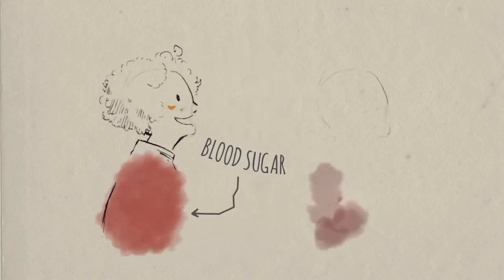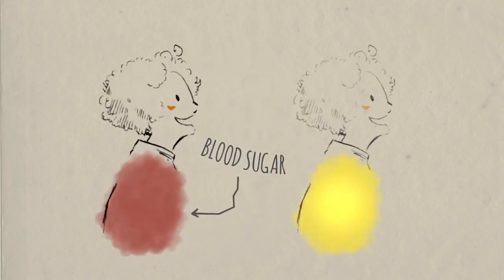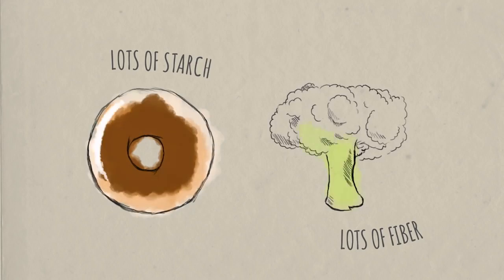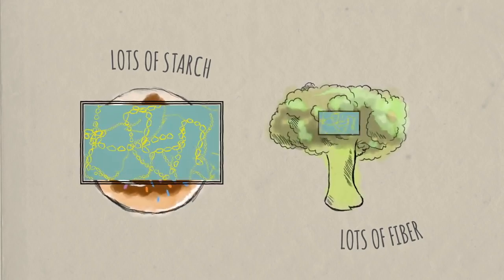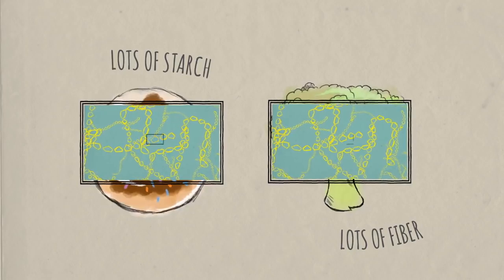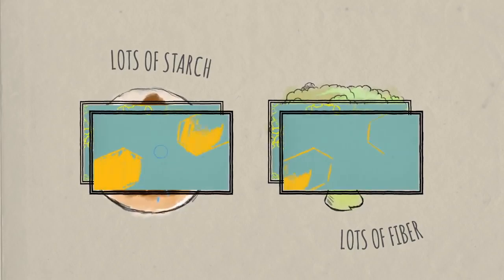but your digestive tract doesn't respond to all carbohydrates the same. Consider starch and fiber, both polysaccharides, both derived from plants, both composed of hundreds to thousands of monosaccharides joined together, but they're joined together differently, and that changes the effect they have on your body.